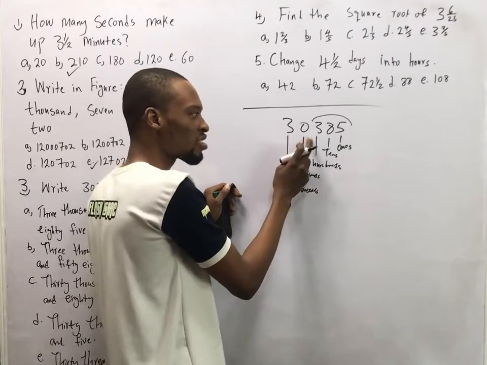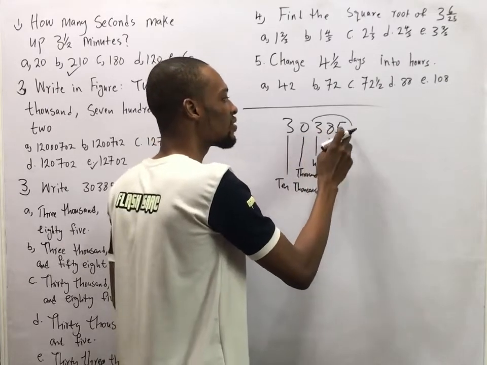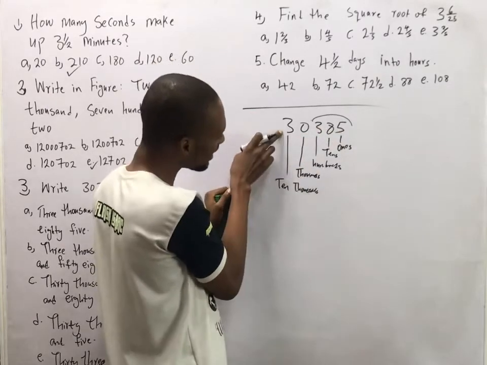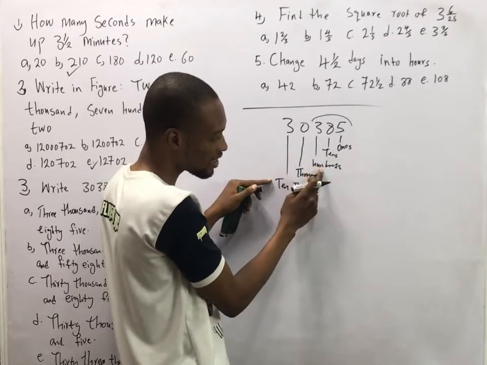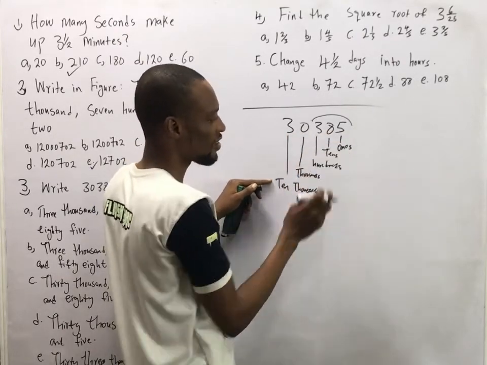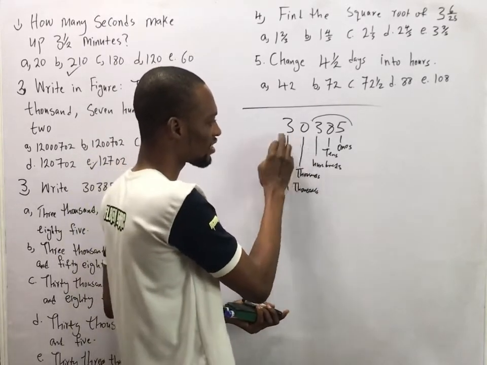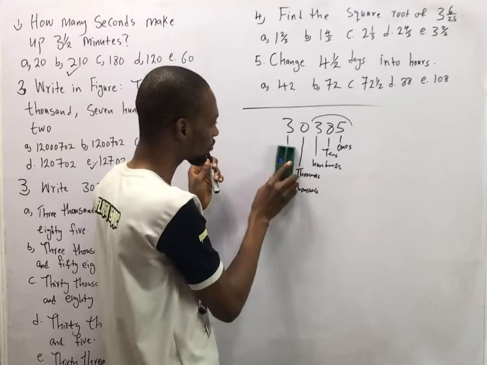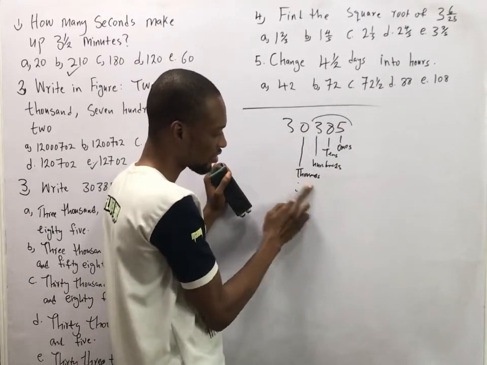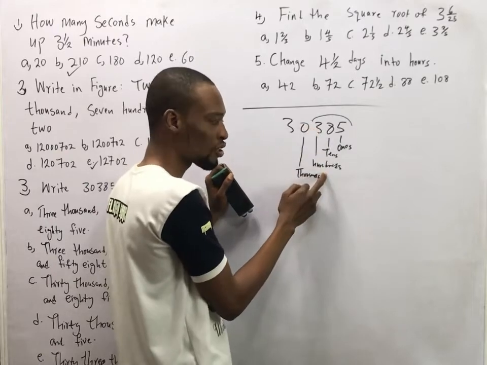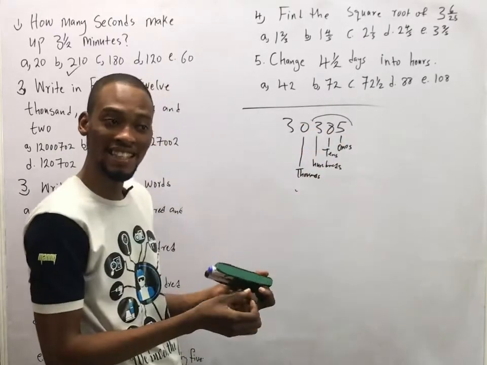10,000. So 30,385. Look at it. This is 30,385. It makes sense, right?